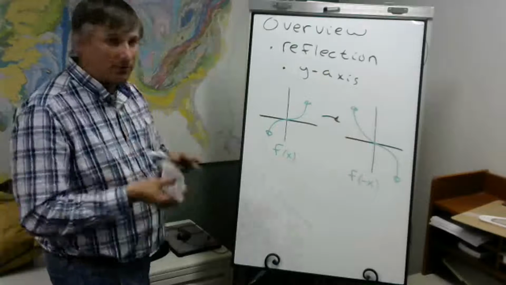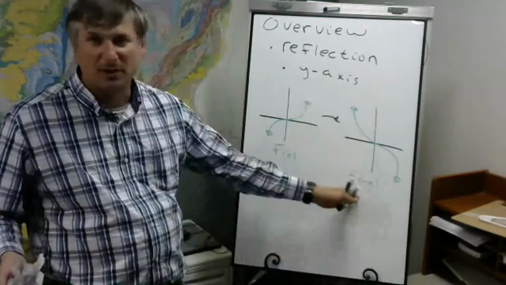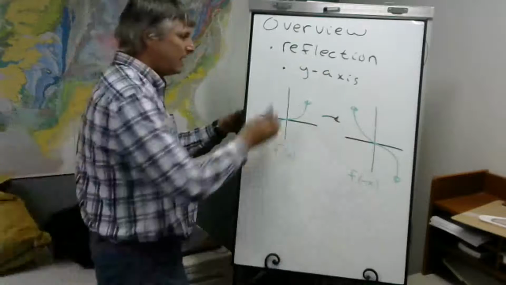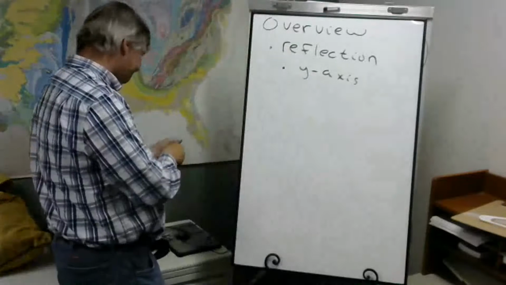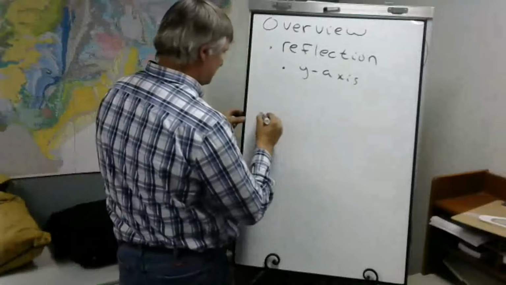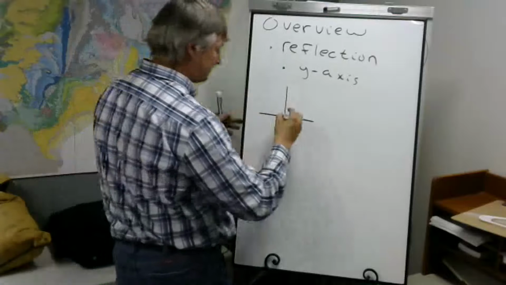Now there is one thing though with domain. Again, choose some values, use the same ones here. Not always the case. So for example, let's say we have the square root of x.